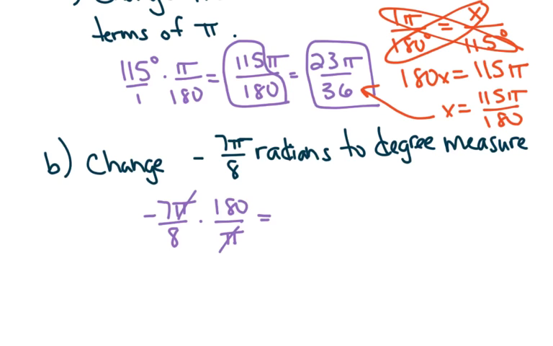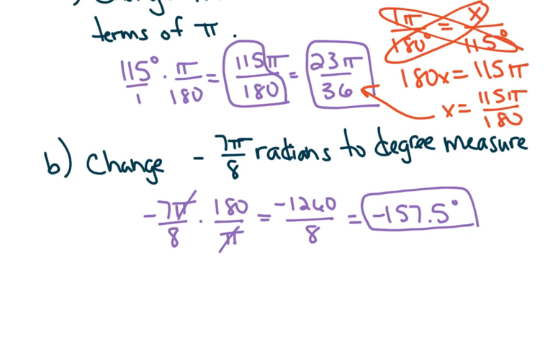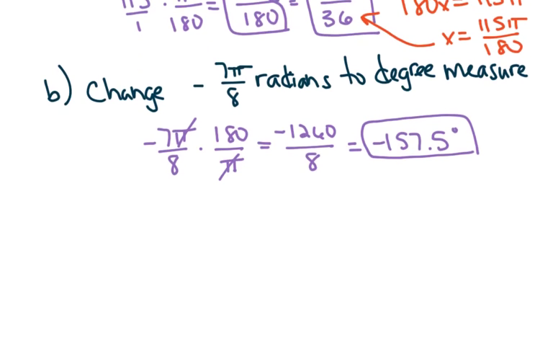And I'm left with negative 7 times 180 over 8, which is going to be negative 1260 over 8. Negative 1260 divided by 8 is going to be negative 157.5 degrees.